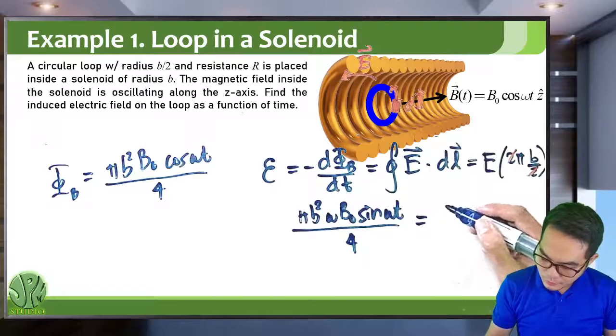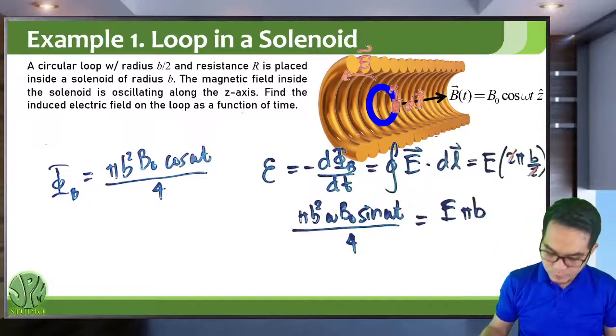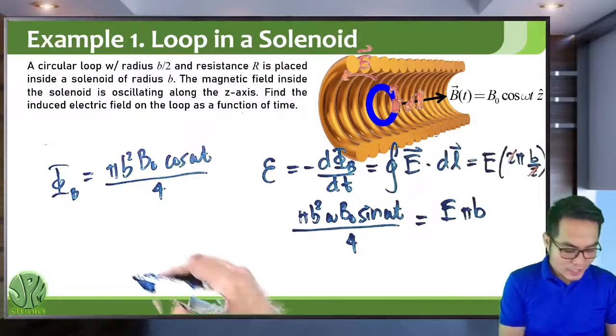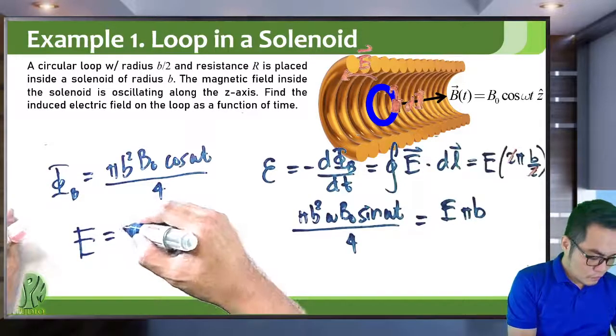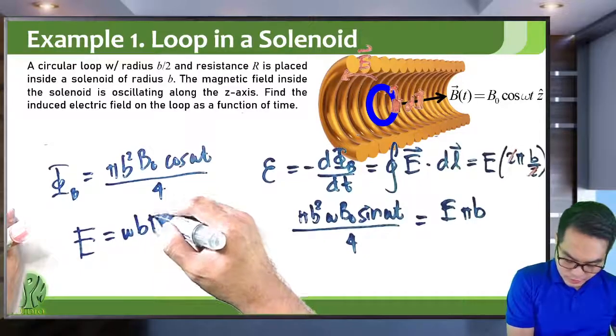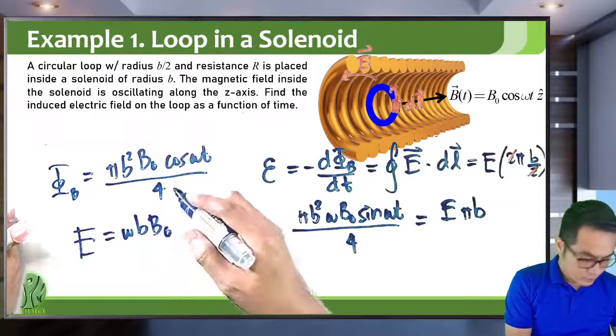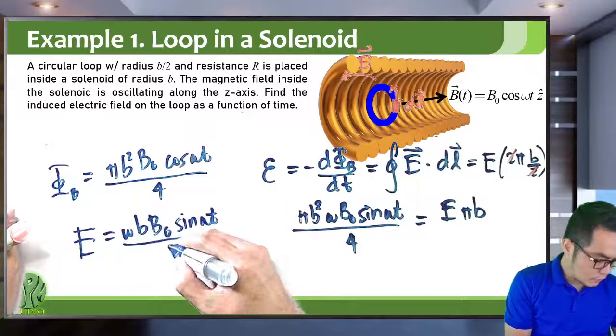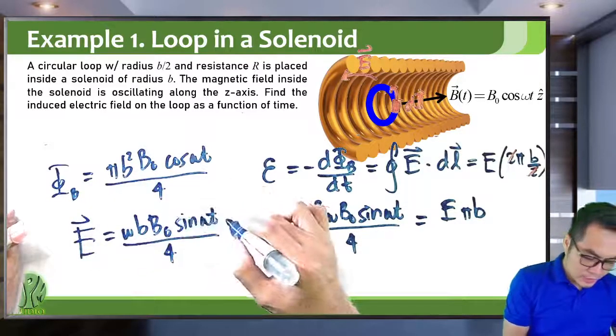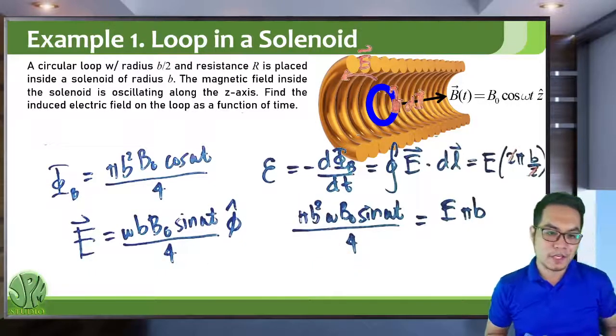And this is equal to E times pi b. Solve for E, and you will get E is equal to omega b B naught sine omega t over 4, and its direction is phi hat.